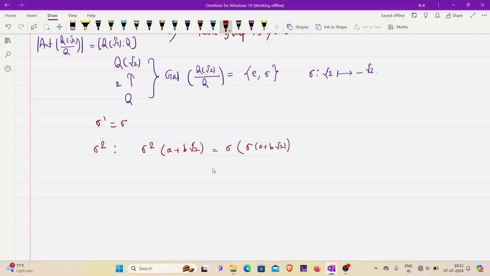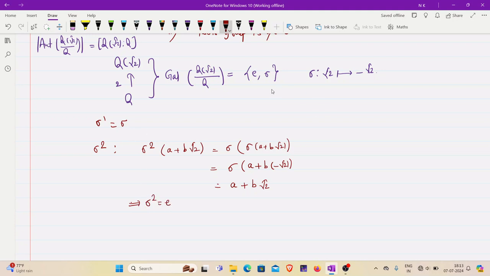Sigma is an automorphism of Q(root 2), it fixes Q. So when sigma is applied on a plus b root 2, we have a plus b times sigma of root 2, but sigma of root 2 is minus root 2. Again, when we apply sigma on this, sigma of a equals a because a belongs to Q, it is fixed. Sigma of b equals b is fixed. And sigma of minus root 2 is minus sigma of root 2, so that is root 2. So you'll find that sigma square of a plus b root 2 is a plus b root 2, the same element. This clearly indicates that sigma square is the identity automorphism.